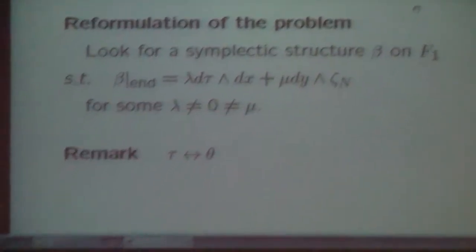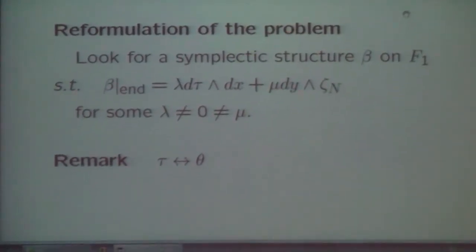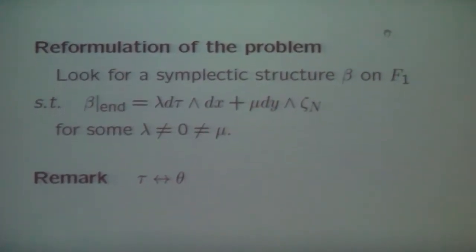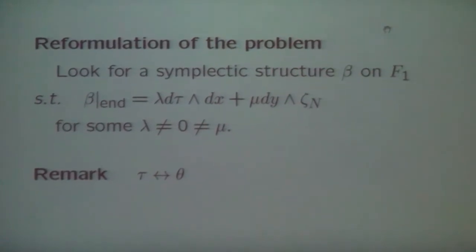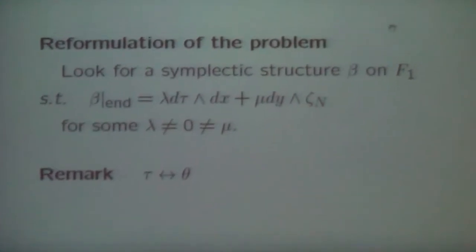So tau is the radial coordinate in this case. Above we see that there is a natural symplectic structure coming from C3, which the end of F1 has, but we need a symplectic structure like that on F1. That is really the point.